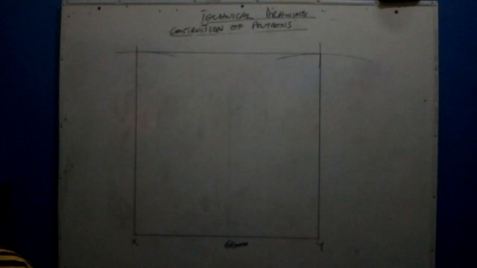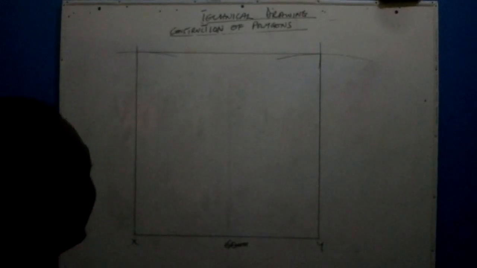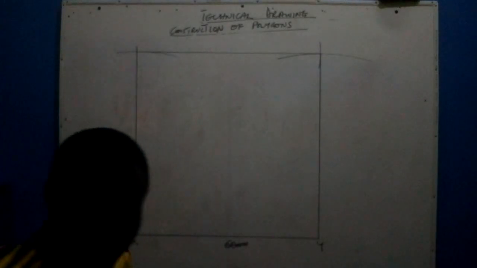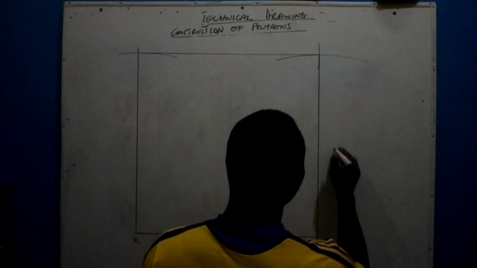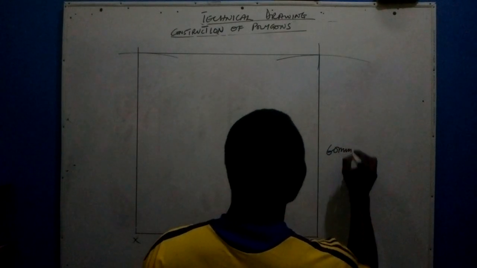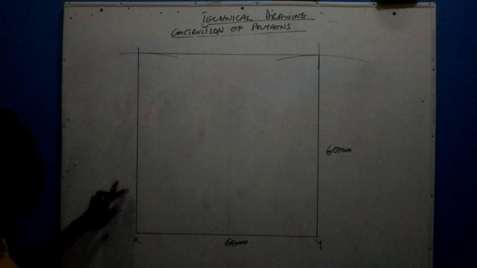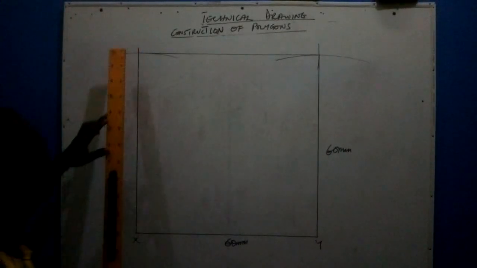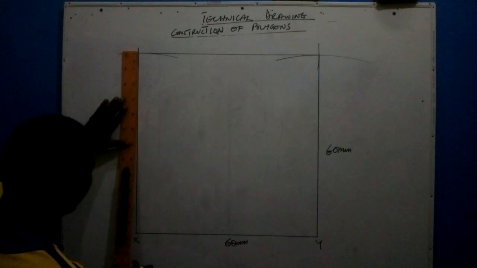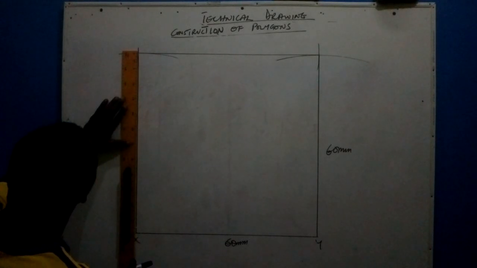I've gotten my square. From here, what I will do is to bisect the sides, because each side is 60. If here is 60, here also is 60 millimeters. Then I can choose to use my rule to measure and divide it into 2, which will give me 30, 30.